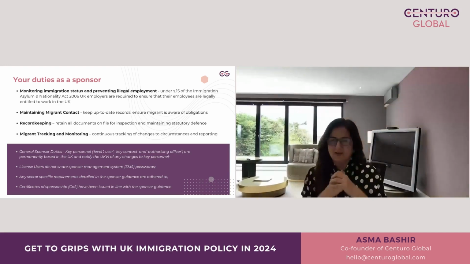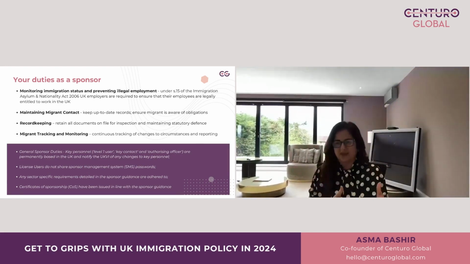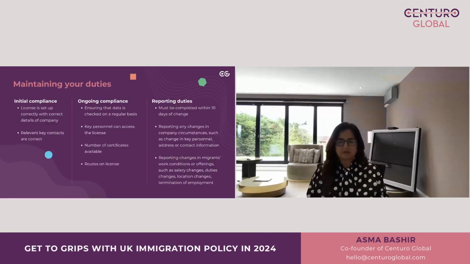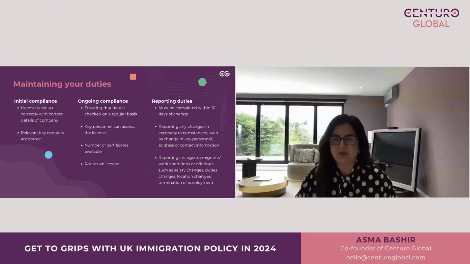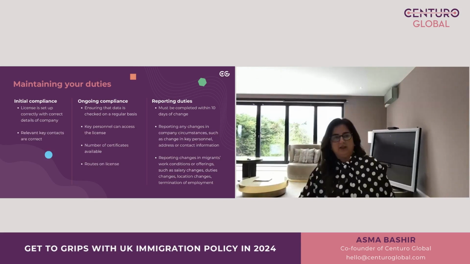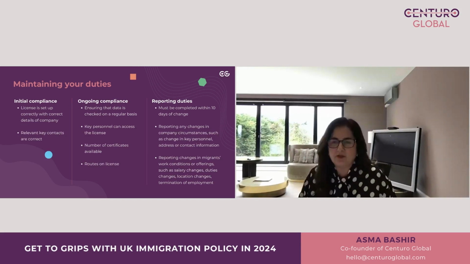If your address is different to what's on the system, that triggers a reason for the Home Office to say, well, actually, this is non-compliant, because you haven't fulfilled your duty as a sponsor to notify us of any of those changes either. So it's really important that happens as well.